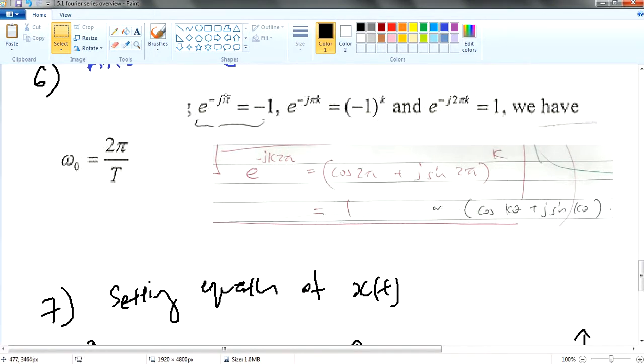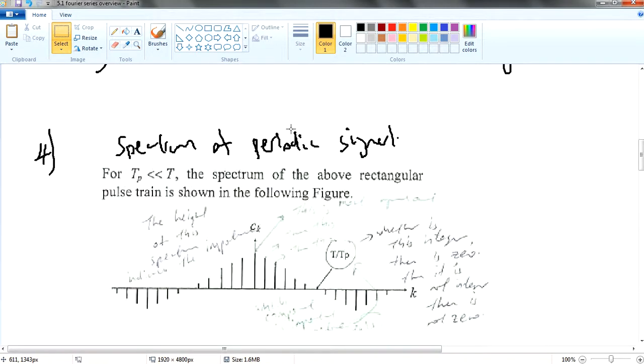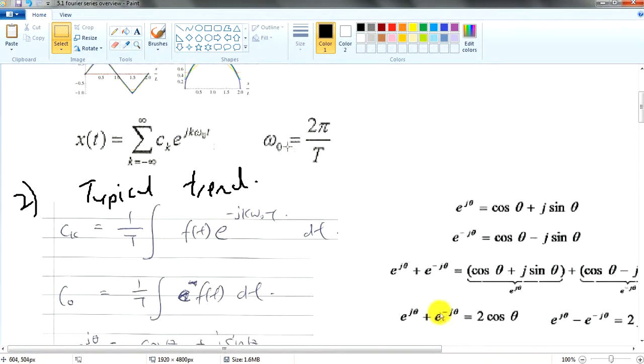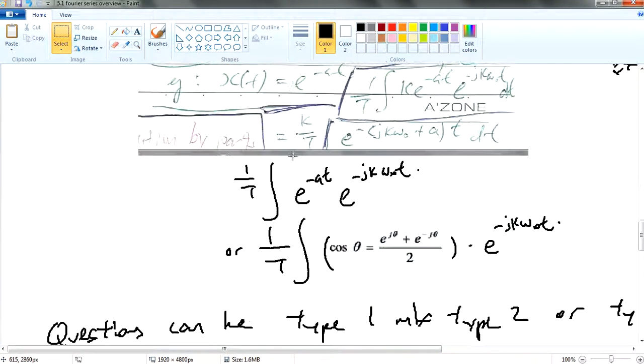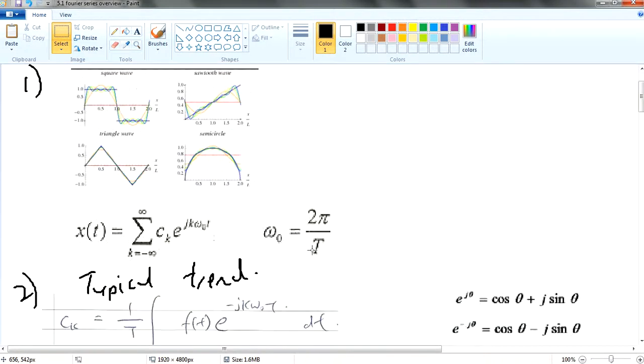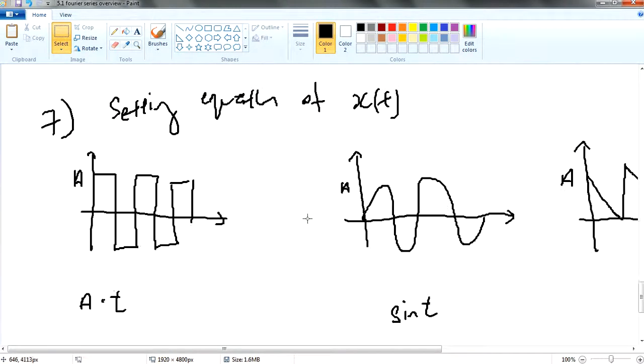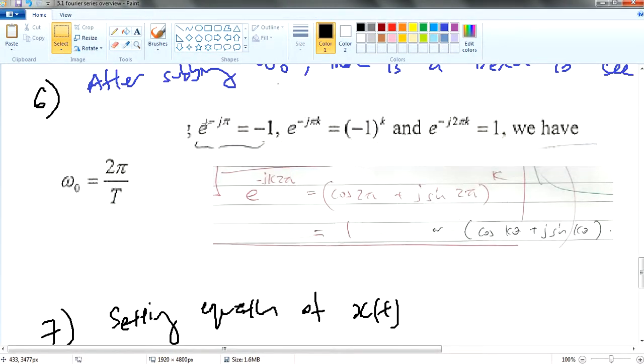So let's say omega naught times T equals not 2 pi but rather pi. Then you have this form. After you substitute your omega and T and k, you're left with this portion, which represents minus 1.